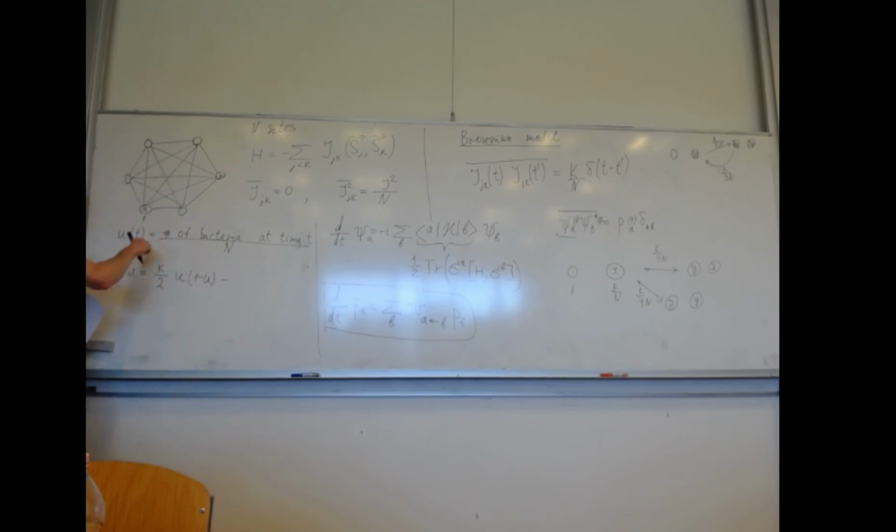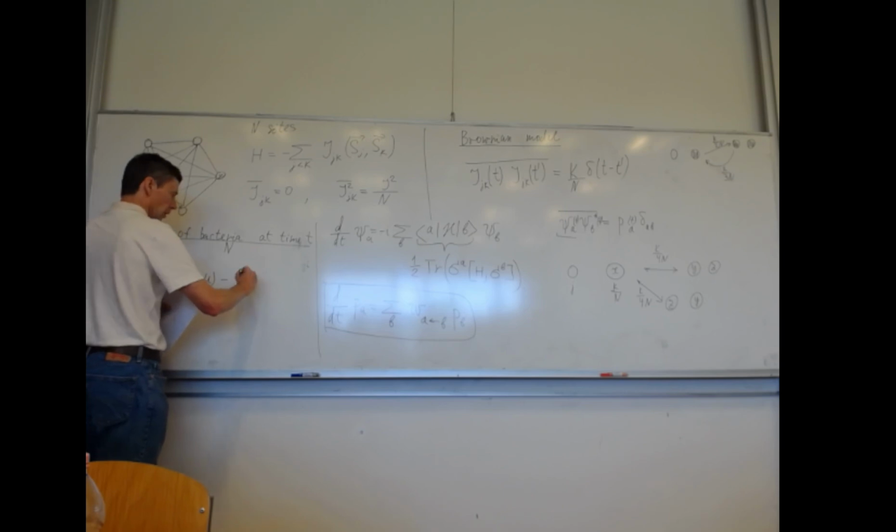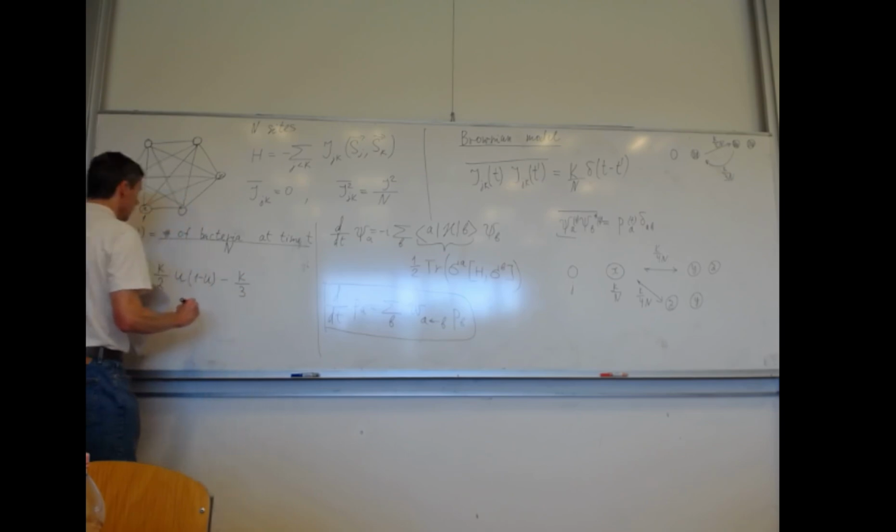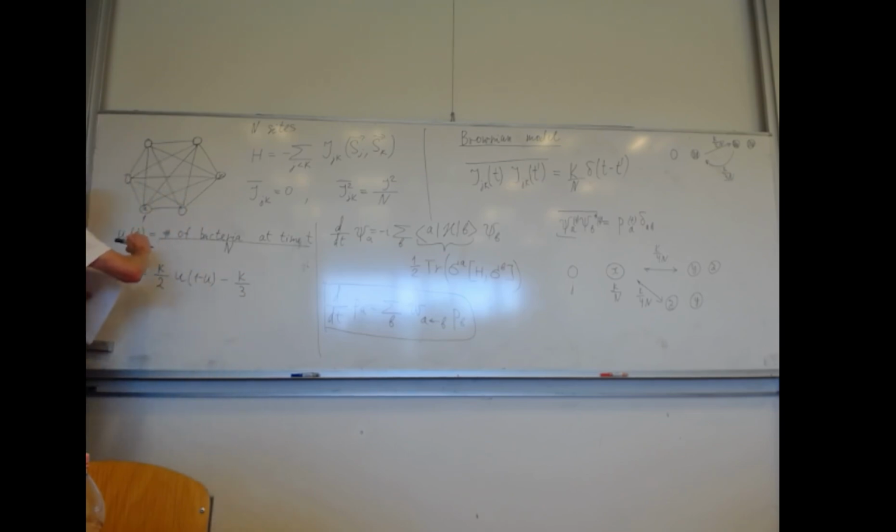But bacteria can also die from overpopulation. So it's K over 3, and we consider configurations. We count pairs of sites that are connected. Everything is connected. Basically, we count pairs of sites that are both occupied by bacteria.